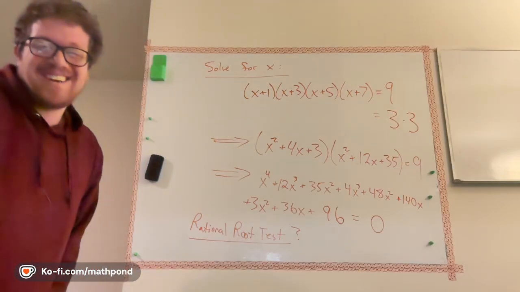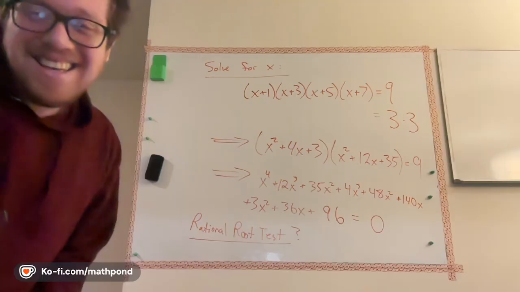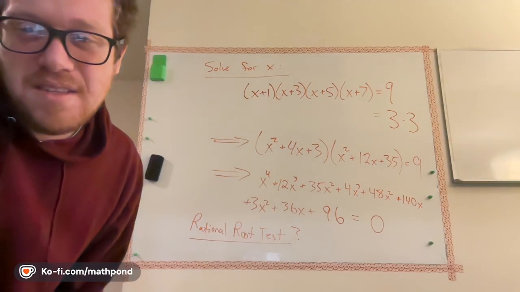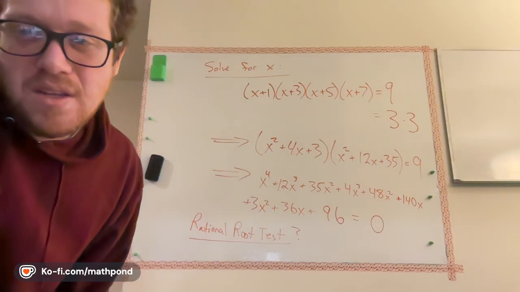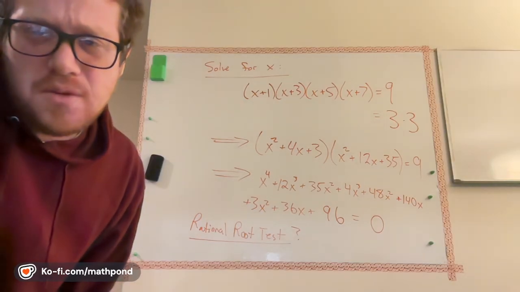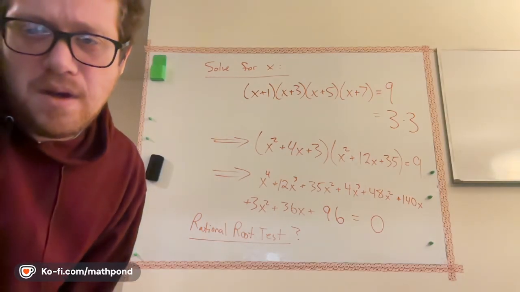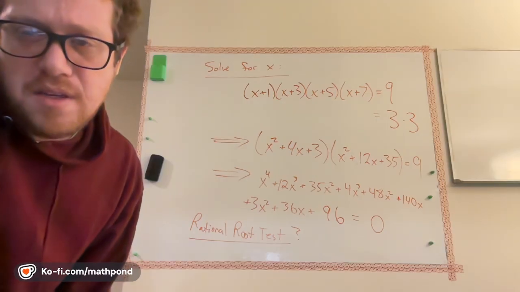I can't read that. I learned just recently. What do you mean by P over Q? I thought that's what you meant by rational root theorem. Okay. Yeah. Factor of 96, a factor of 1. That should get us places.